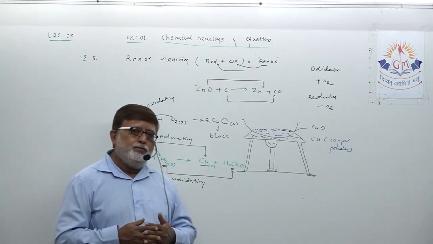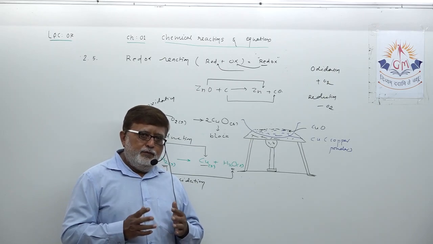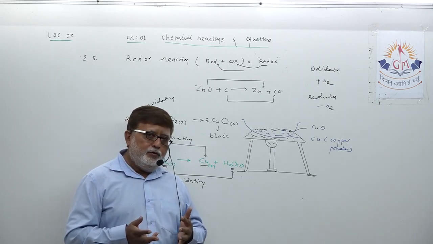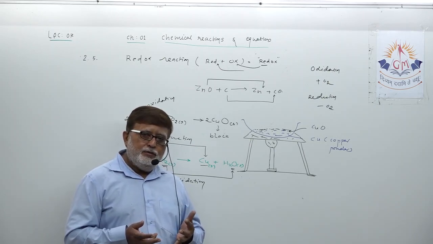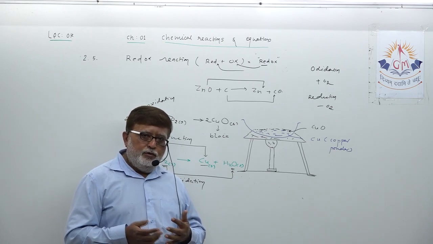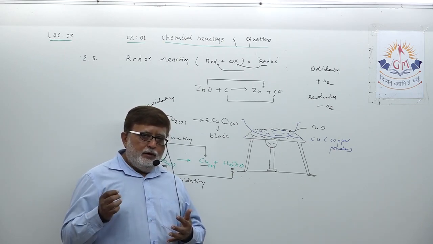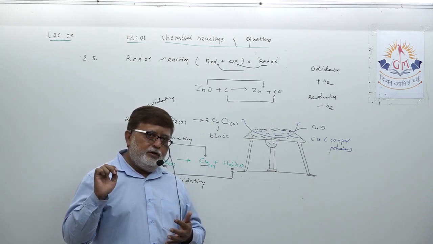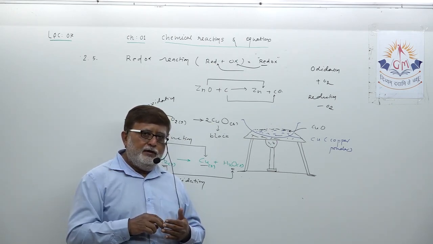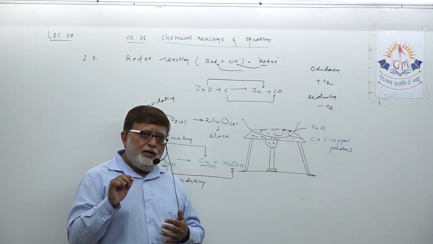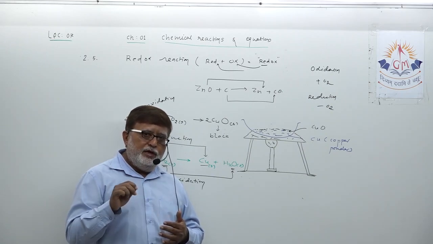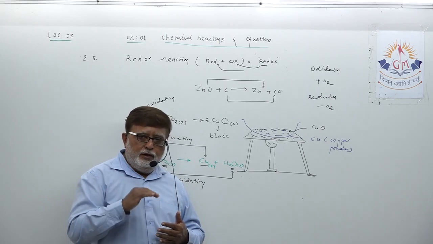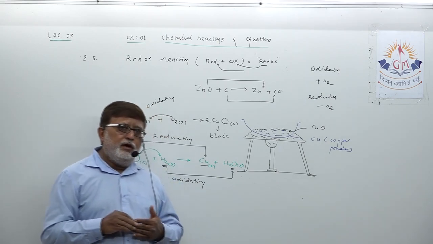Whenever you expose iron to moist air, the oxygen present in moist air reacts with iron and forms a blackish brown, grayish layer on the surface of the iron.